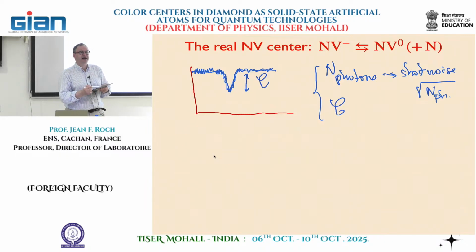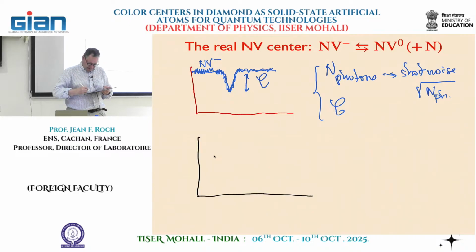Suppose now that I have a balance of NV minus and NV0. Then the NV0, what will it do? It will just add parasitic luminescence. So suppose I have only NV minus, and now I plot the same with NV minus and NV0. I will have the same contrast, the same depth here, but now with an NV minus plus NV0 background.